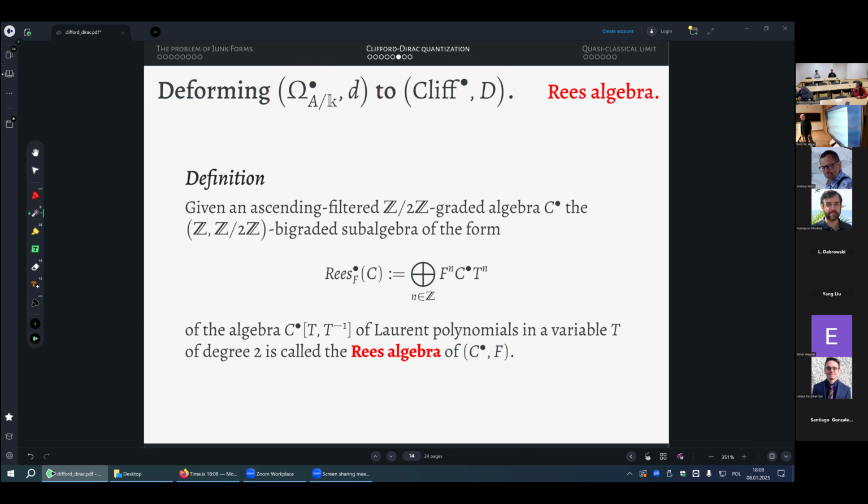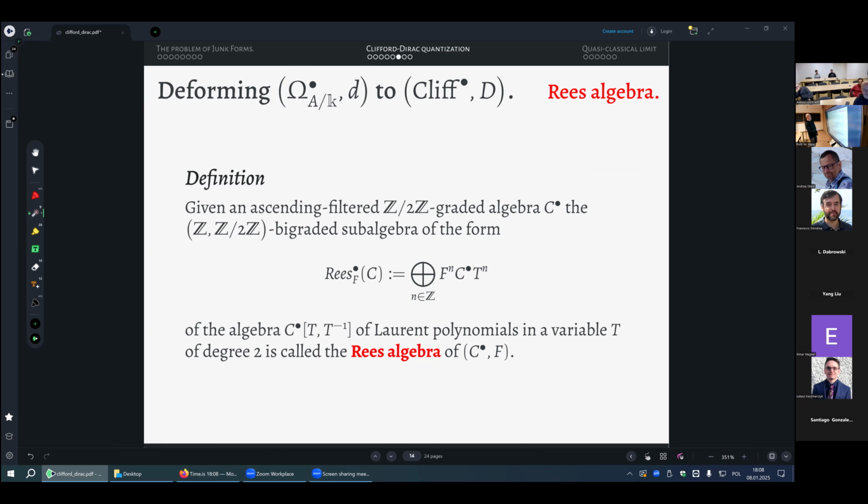Okay? And there is some device which is called the Rees algebra, which can produce a one-parameter family. It is an analog of this formal deformation you are familiar with in the context of deformation quantization. Okay? So in this case, it's something which is called the Rees algebra, defined as follows.